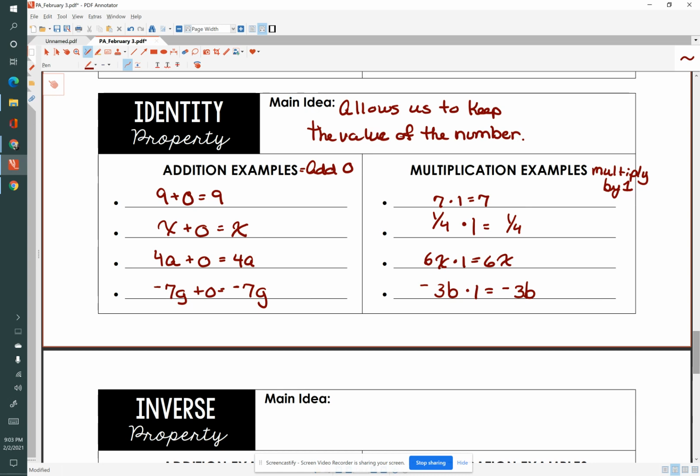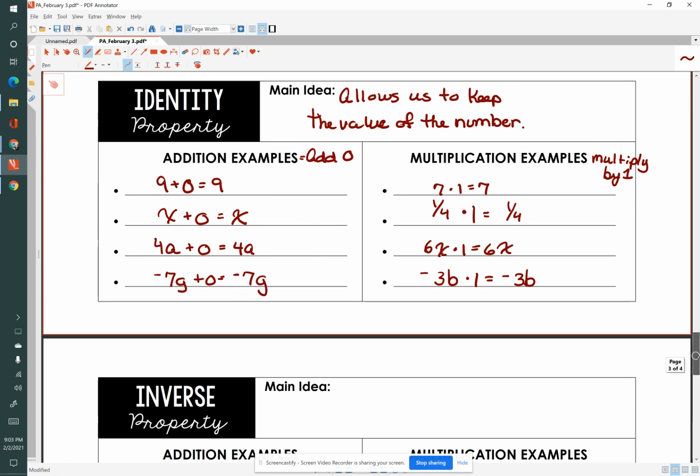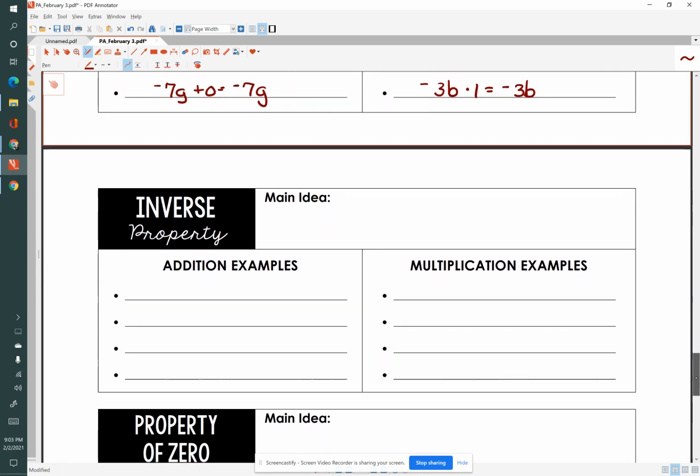Now, the inverse property uses the opposite to eliminate or cancel out a value.